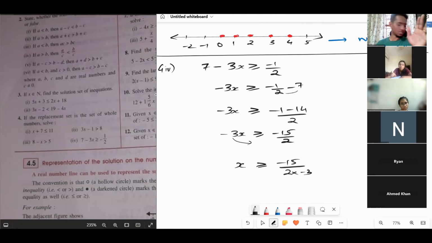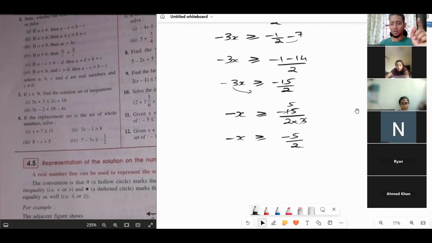But in inequations, when you're removing the minus sign, there's a change that will happen. So don't remove the minus sign right now. Keep the minus there with the x, and you're only taking the 3. So here this will be just 2 into 3. So that is minus x greater than equal to, you can cut this 15 and 3, so it will become 5. That's minus 5 upon 2.